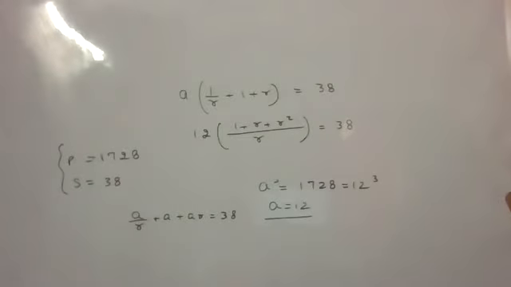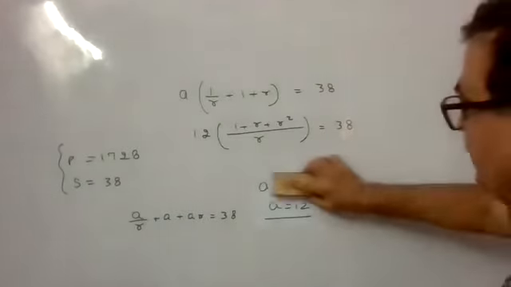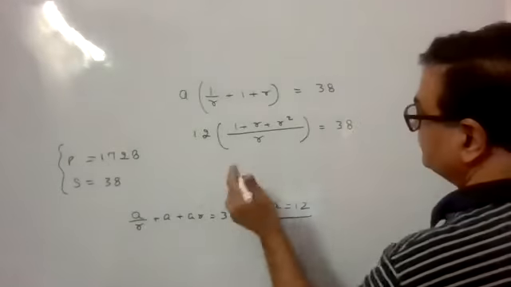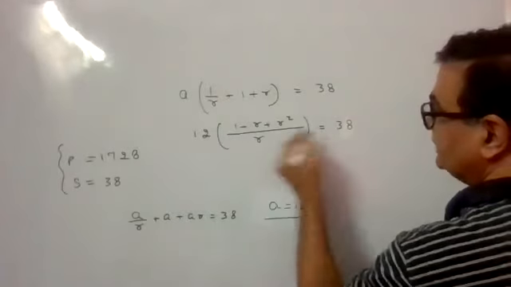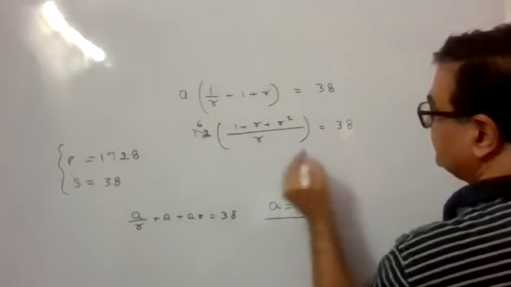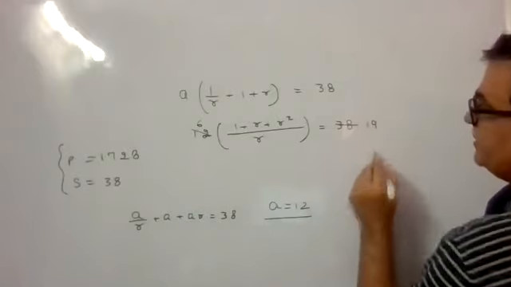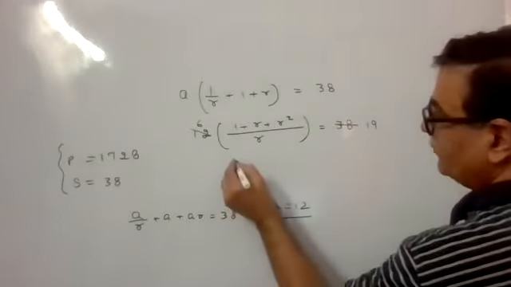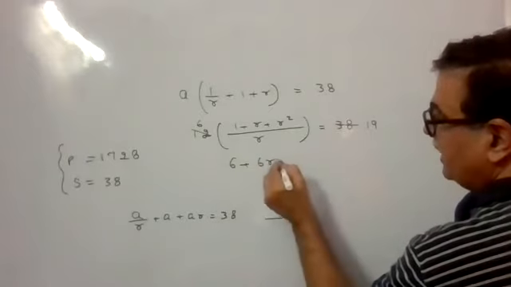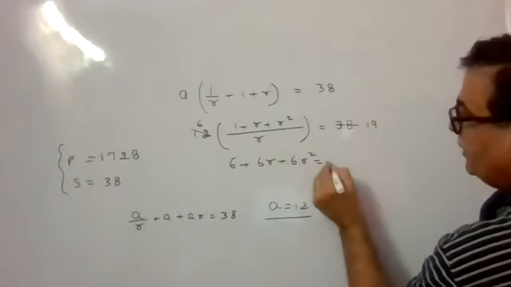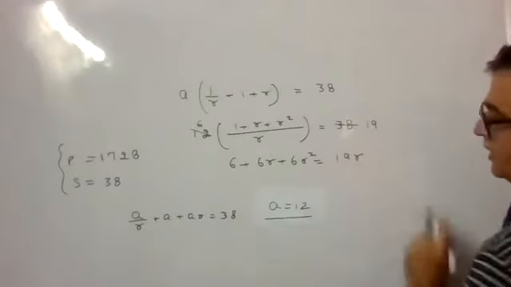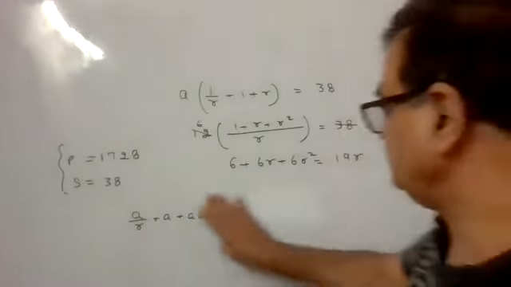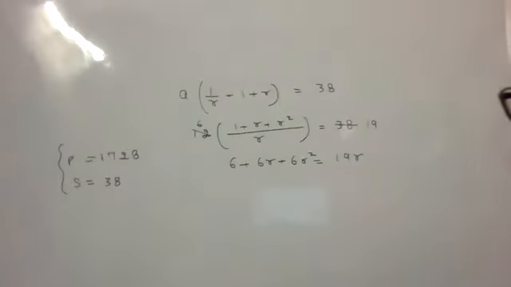Is it right? Then what will the result be? 12 will cancel out. 6, and this is 19. Then it will come 6 plus 6R plus 6R square will be 19R.